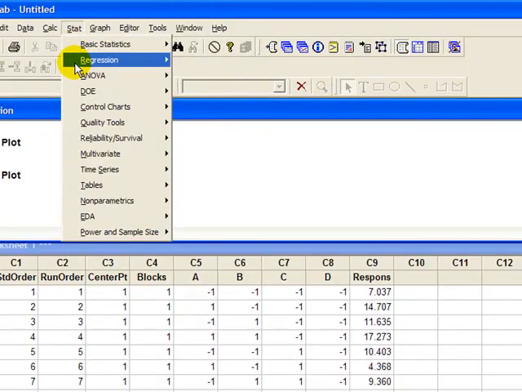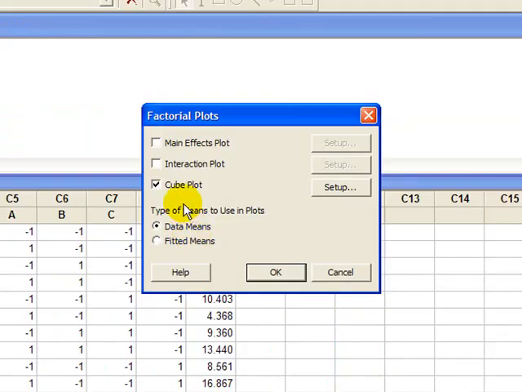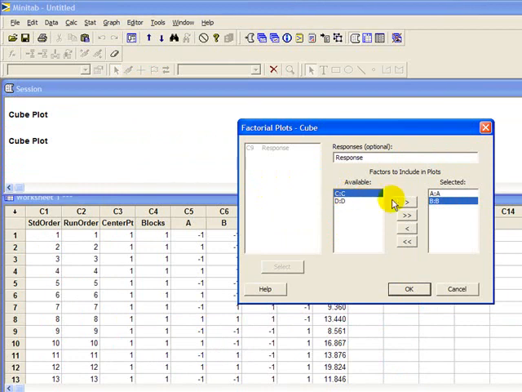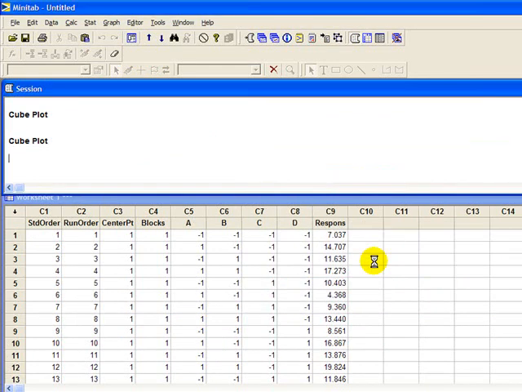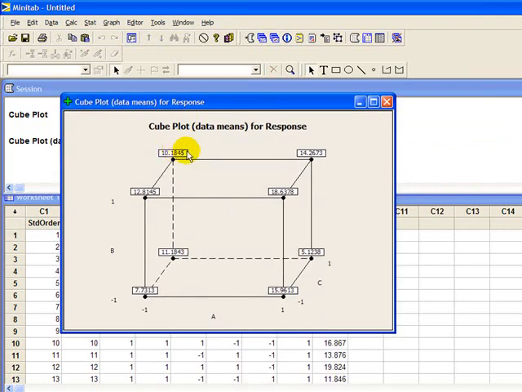Go to Stat, DOE, Factorial Plots, Cube Plot, then Setup, and here we need to select responses. First I will plot a graph of A, B, and C. Here we are. Now this time, as you can see, we have values of the response variable at each point.